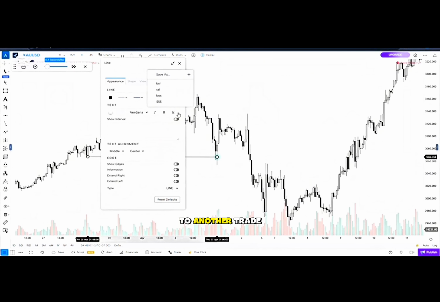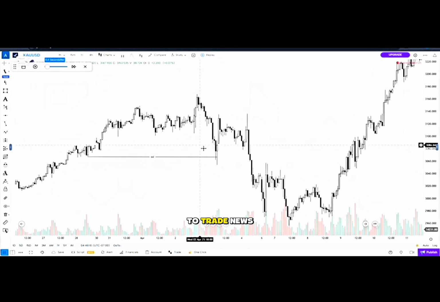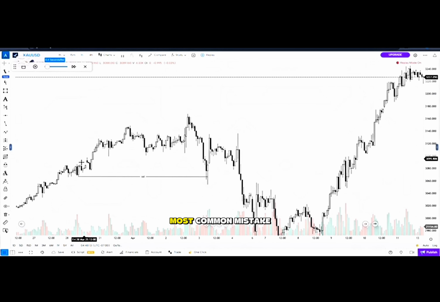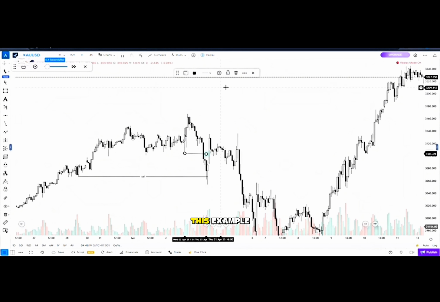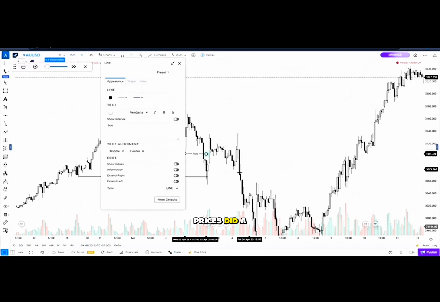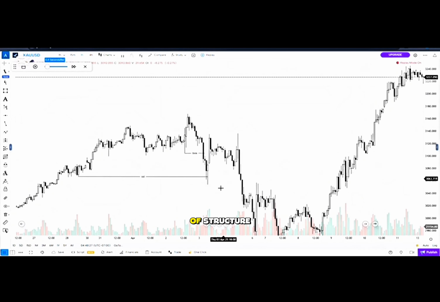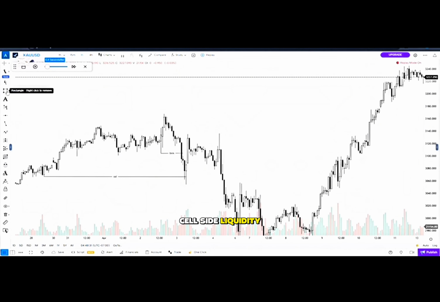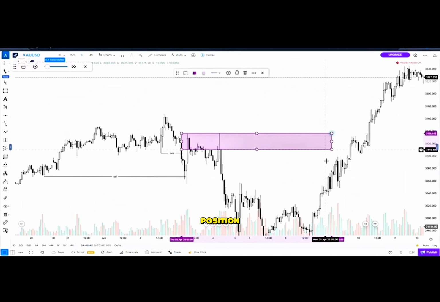So moving on to another trade example. In this example, I will tell you how to trade news in gold. And I will tell you one most common mistake that every trader makes while trading news. You can see price did a break of structure, and after the break of structure, price swept the sell-side liquidity. Now, we have to find a demand zone to sell our position.